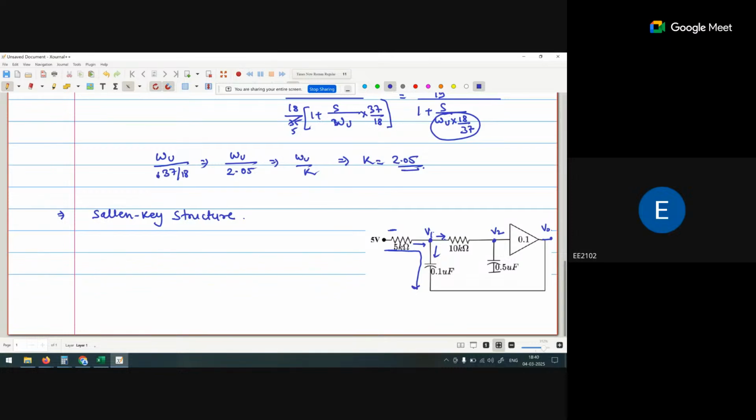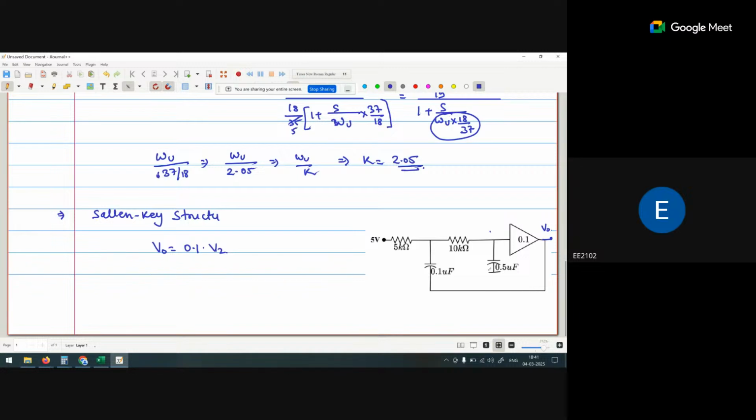If we are getting the V2 voltage, then the V naught voltage is nothing but 0.1 times the V2 voltage.